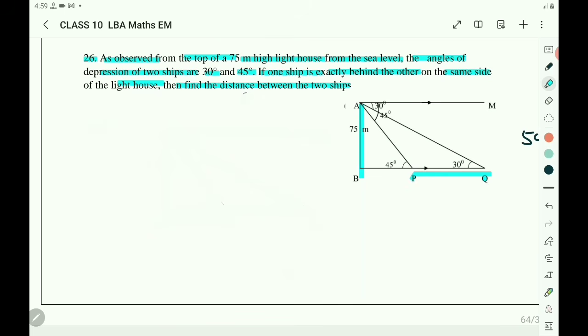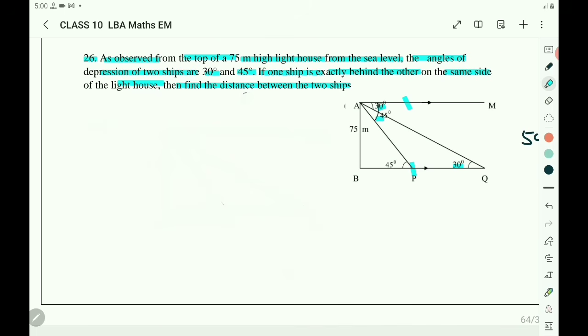The angle of depression of the ship Q is 30 degree and of the ship P is 45 degree. Here we have to use the property of alternate angles. As AM is parallel to BQ, angle MAQ is equal to angle AQB. They are the alternate angles.